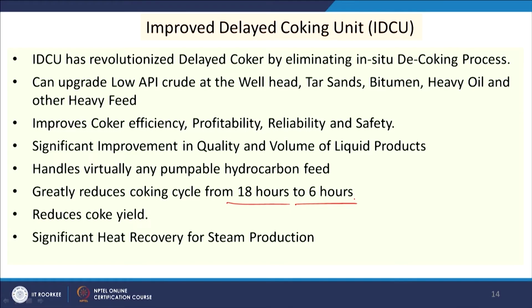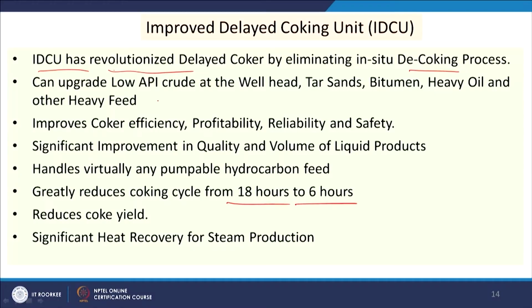So, it is more efficient than that one, and this IDCU has revolutionized the delayed coker by eliminating the in situ decoking process. That is why the time has been reduced, meaning it is a continuous type of operation. The 4 hours of time for coke removal is not necessary. It can upgrade low API crude at the wellhead; tar sands, bitumen, heavy oil and other heavy feedstock can be processed by this process.